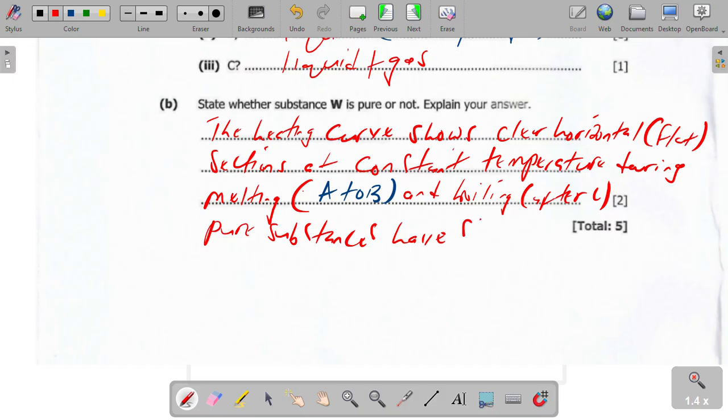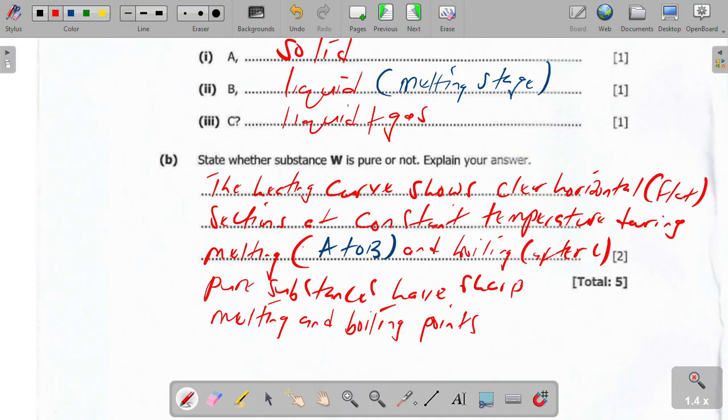Have sharp melting and boiling points. If you write like this, you are warm and dry, you have your 2 marks, 1 mark, 1 mark, then all your 5 marks will be yours.